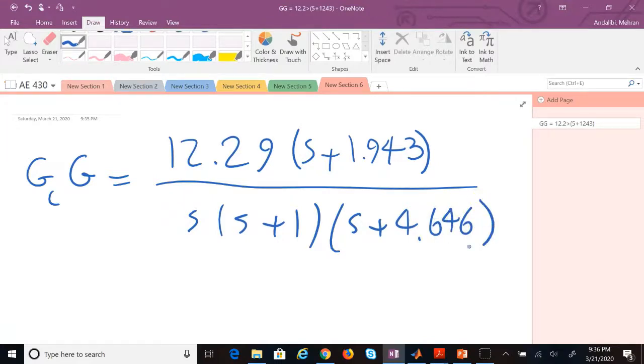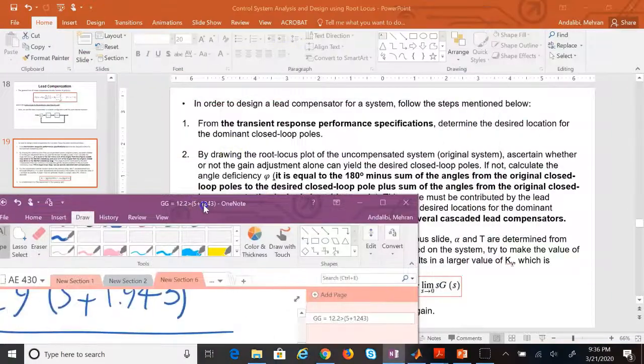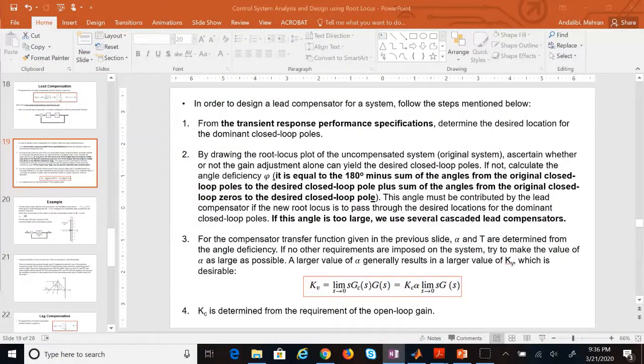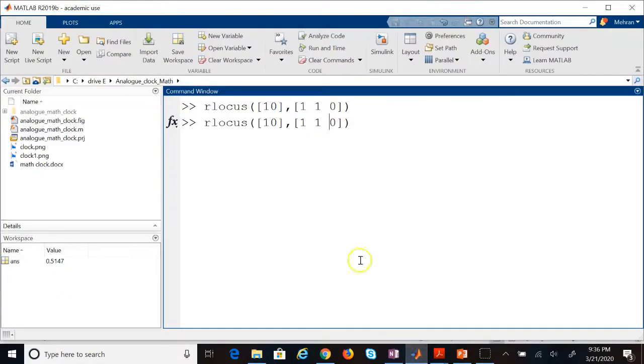This is now my new open loop transfer function that I'm going to use to draw the root locus.